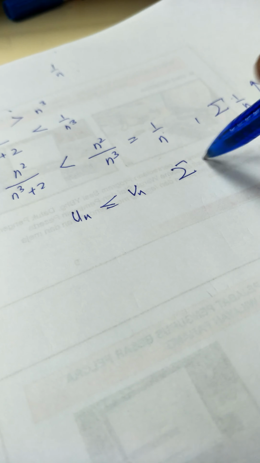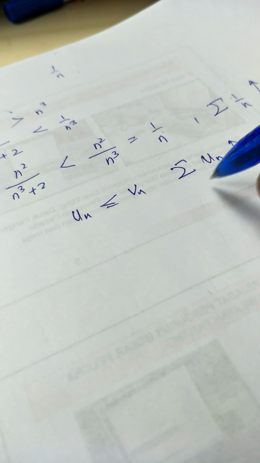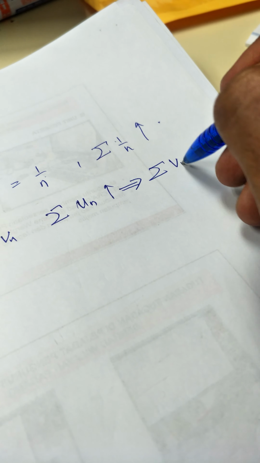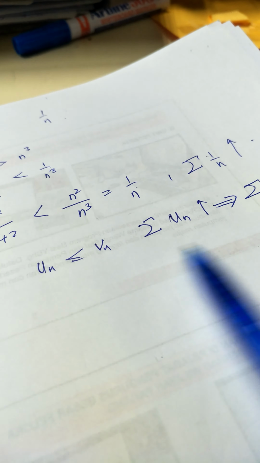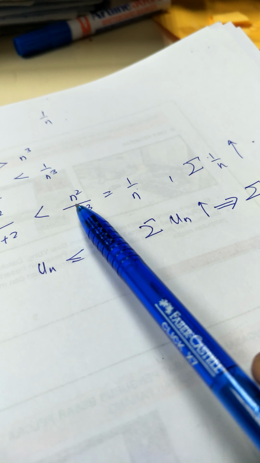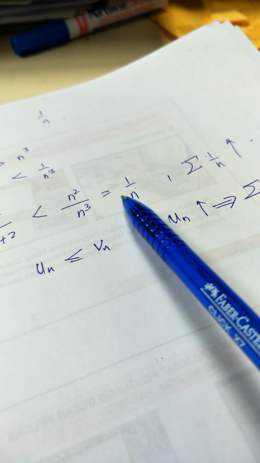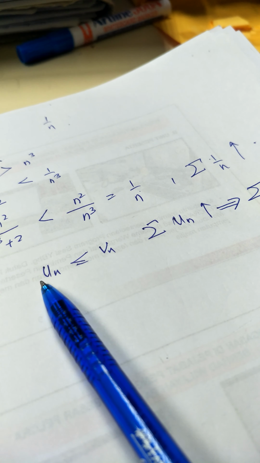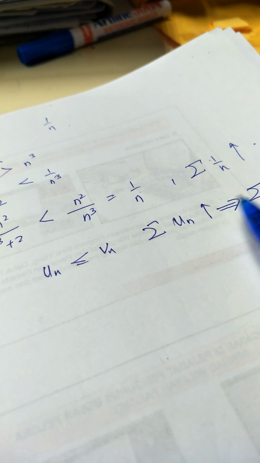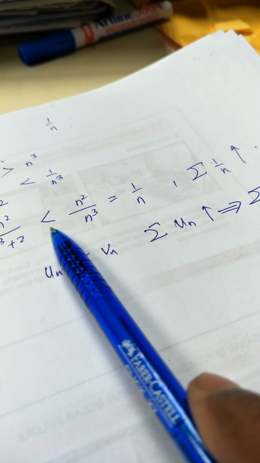So we need un to diverge, then vn diverges. Does it satisfy this condition? Look at this: if the smaller series diverges, the bigger series diverges.